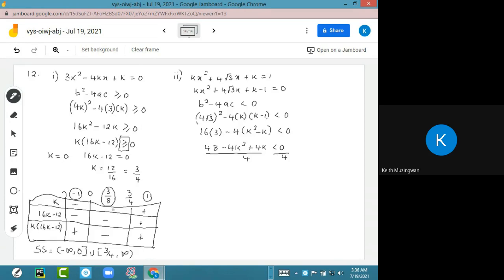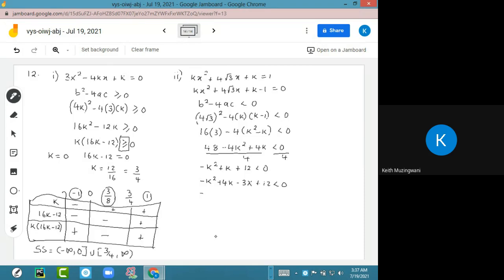So we get negative k squared plus k plus 48 divided by 4, that's 12, less than 0. Have this factorized as negative k squared. The product is negative, so we allow 4 to be positive and 3 to be negative, less than 0.